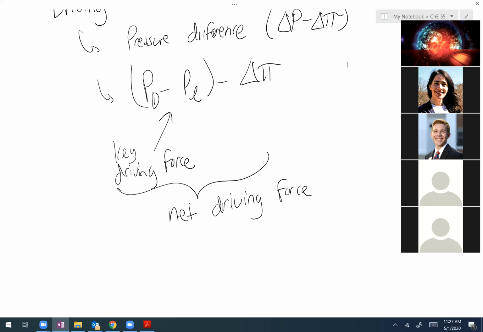Any other questions? Is it dependent on the case, or on which kind of membrane or separation process you're looking at, whenever you're determining the driving force? Does that make sense?